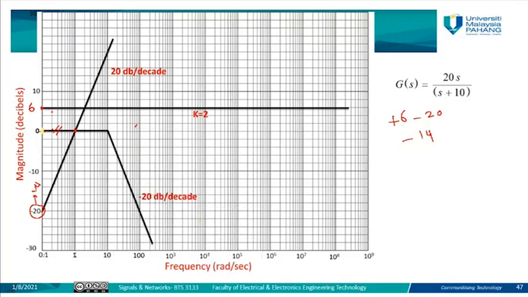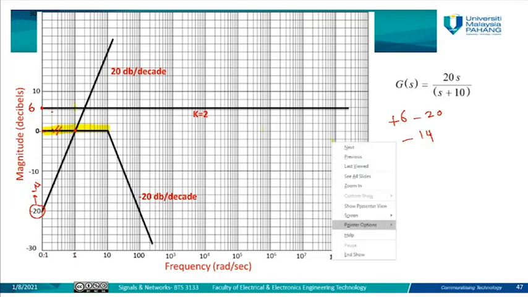You can see this one is 0 until here, no values, but this one at this point only is equal to 0. Here I have 0, but here I have positive 6. So 0 plus positive 6 will be positive 6.